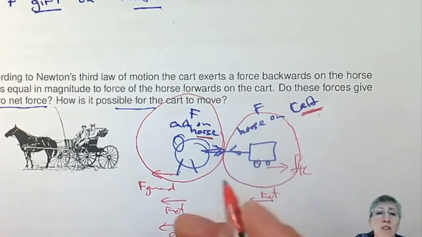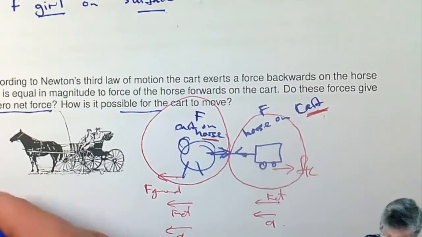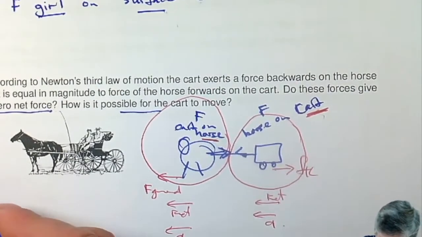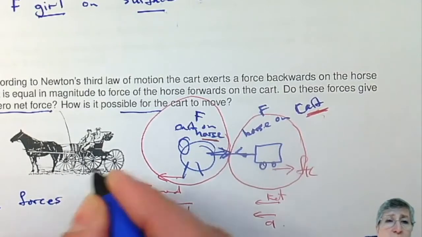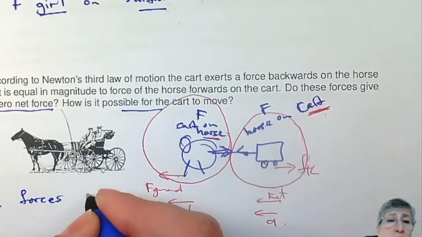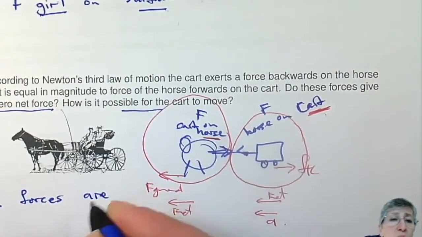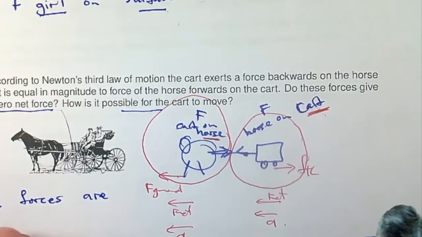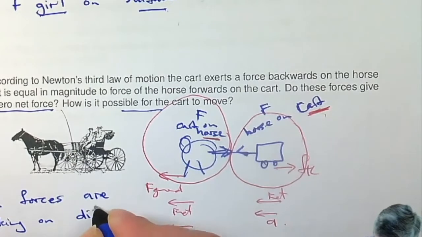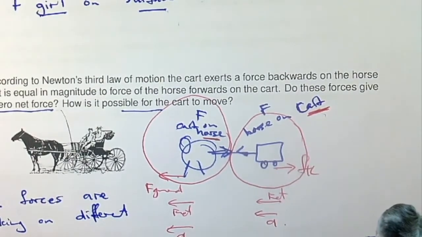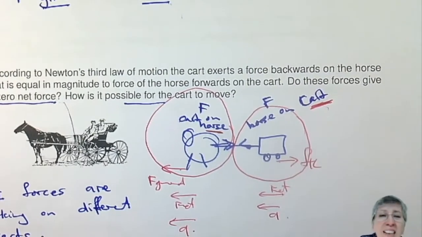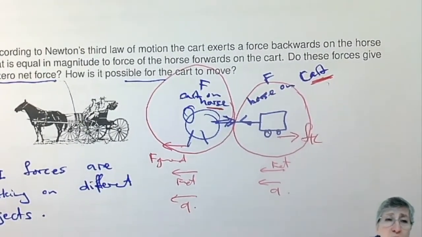So the important thing to say here to answer this is that Newton 3 forces, like this horse on cart, cart on horse, are working or exercised on different objects. So they can't cancel out. You never look at them together, right?